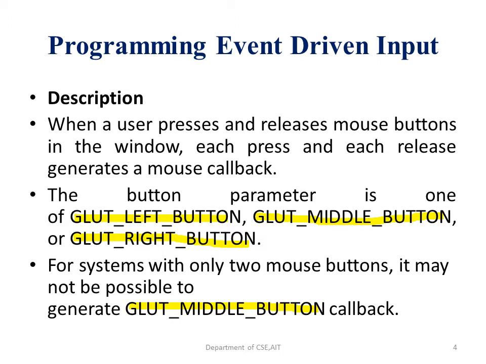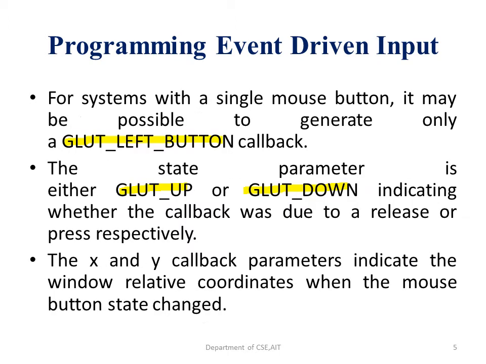So if the mouse is having only 2 buttons, then we will not have the middle button, we will just have the left button and the right button. Suppose my mouse is having only 1 button, then we will just make use of one symbolic constant, that is GLUT_LEFT_BUTTON.